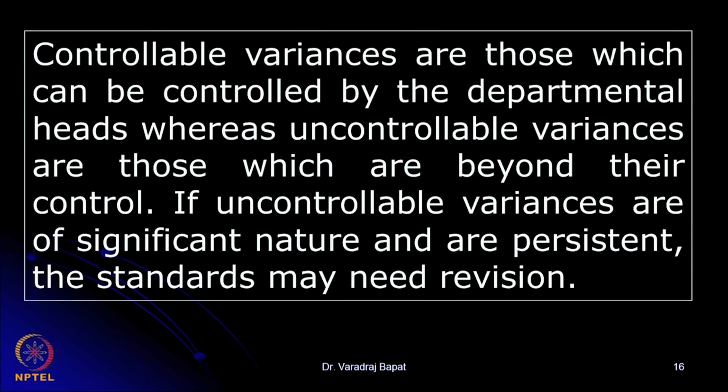As the name suggests, controllable means those variances which can be controlled at a departmental level. So we can take suitable corrective action and avoid these variances. Whereas uncontrollable variances are those which are beyond our control. It is not possible to avoid them. So standards themselves may be revised so that in future the variances can be avoided.